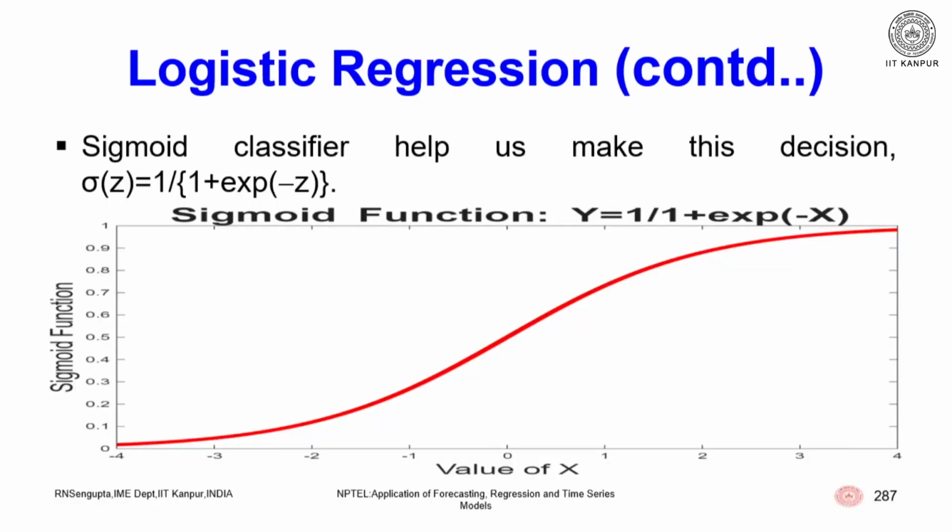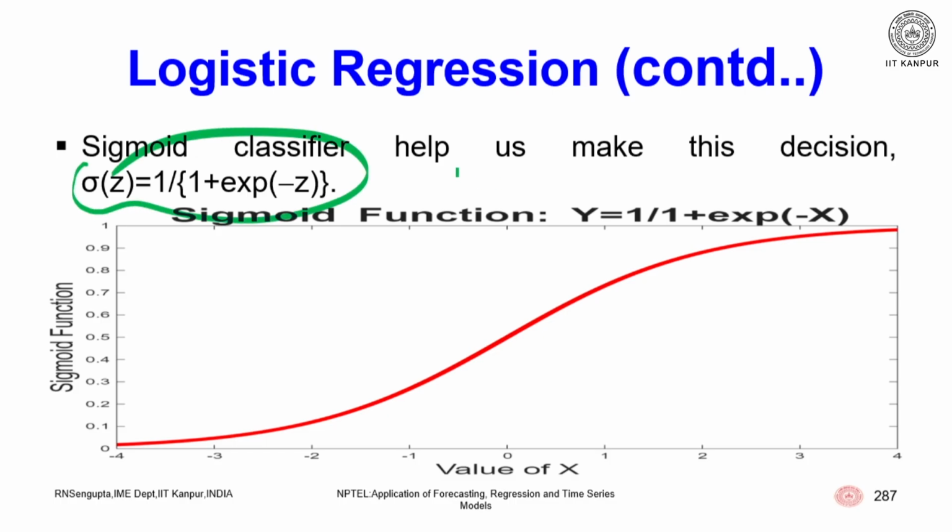So, the sigmoid function transforms the information set of x variables which you have into a value that gives you a probability, and that cutoff probability you have to decide based on the points. Now, sigmoid classifiers help us make the decision, and I am using this as a classification function.